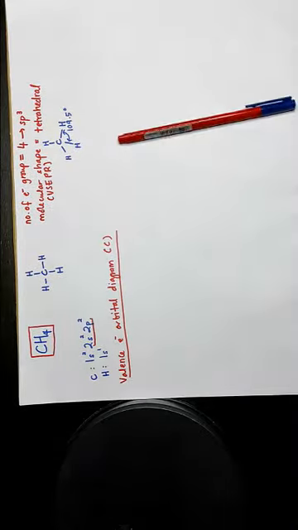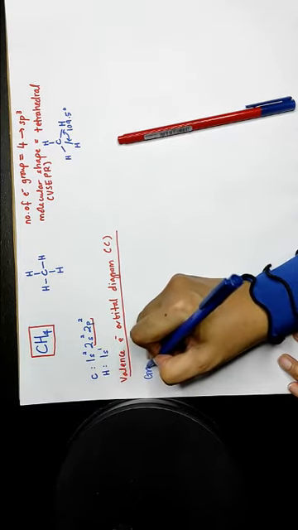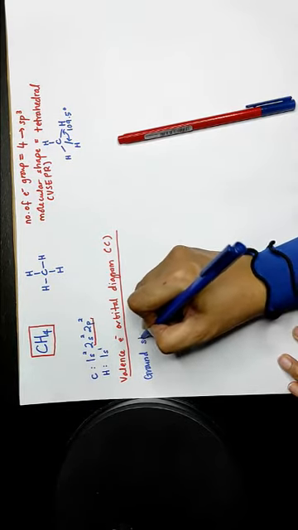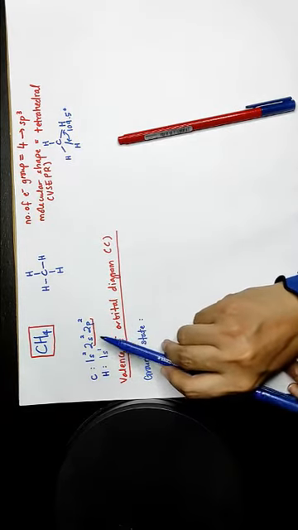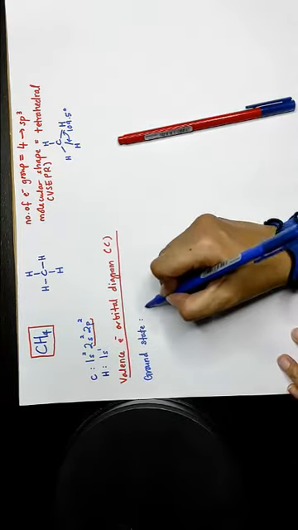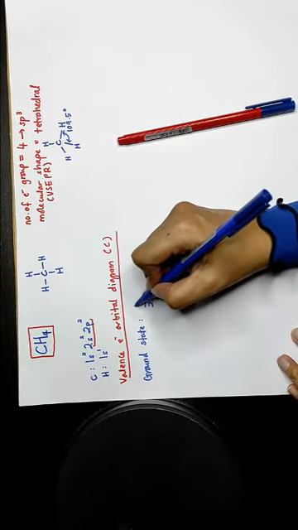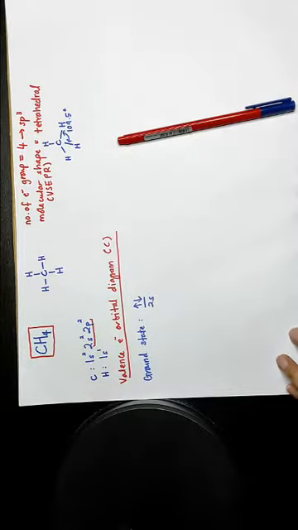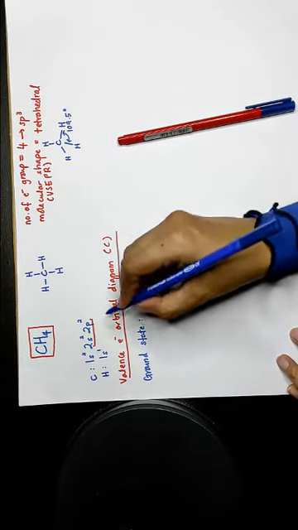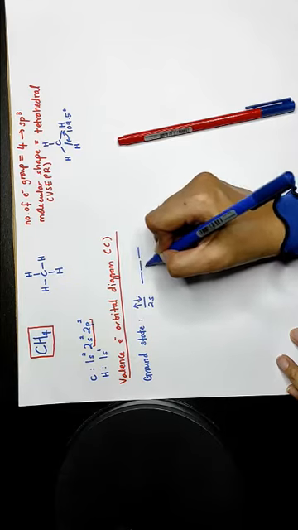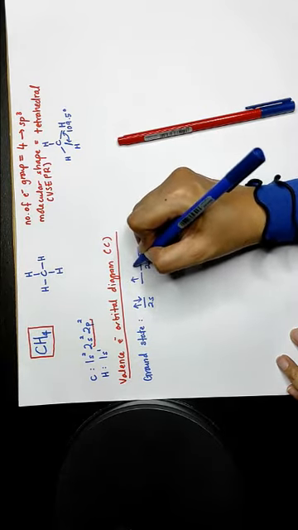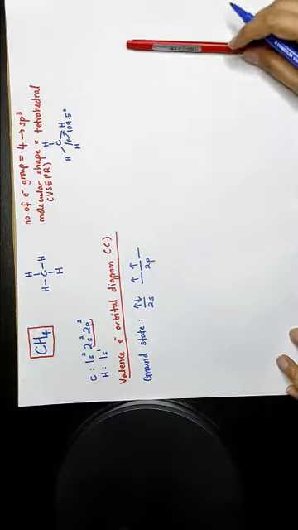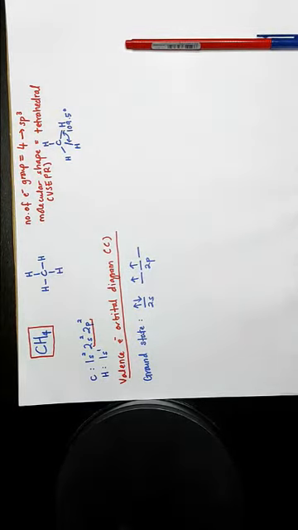We start with the ground state. So the valence electrons of carbon are 4, which occupy 2s and 2p. 2s has 2 paired electrons, and 2p is occupied with 2 unpaired electrons.